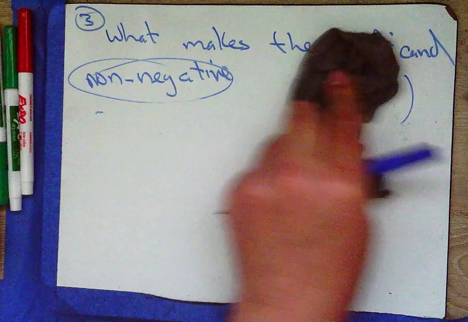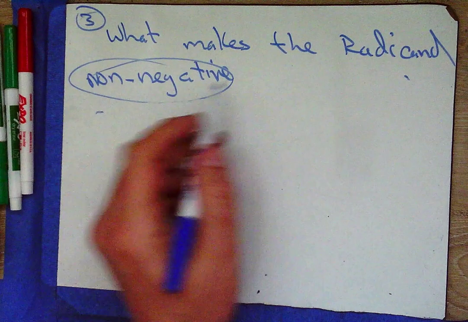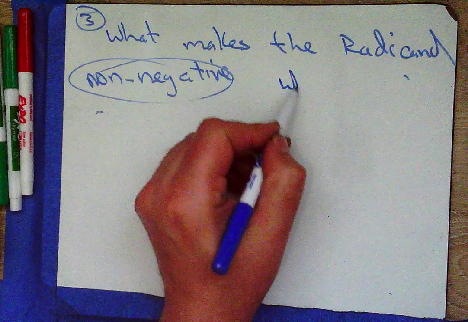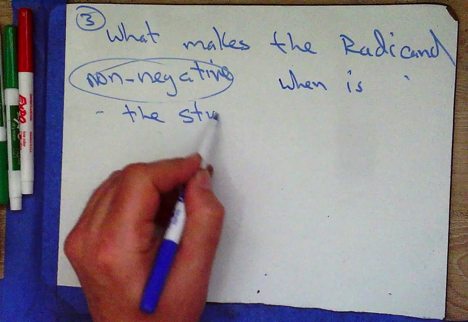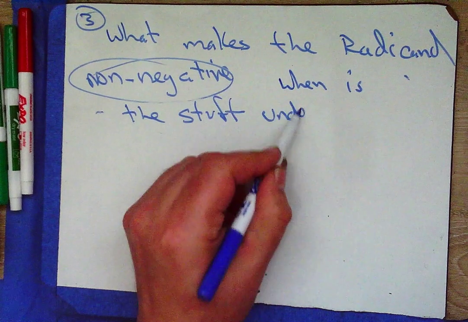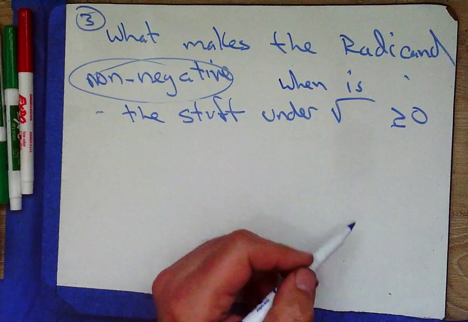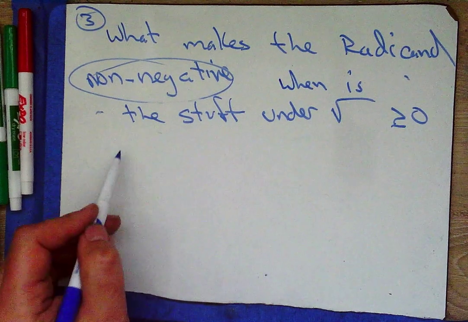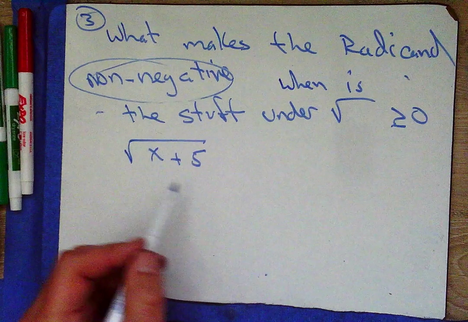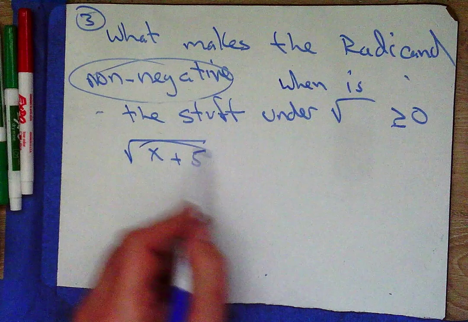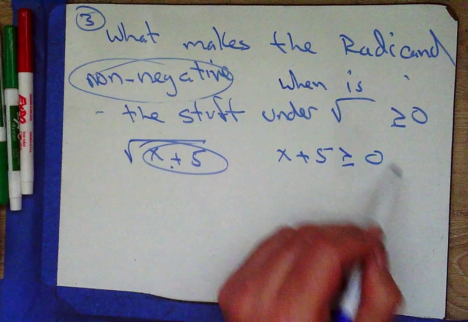When they ask us the question, what makes the radicand non-negative, they're asking, when is the stuff under the radical greater than or equal to 0? So let's do a couple. How about this one? Square root of x plus 5. What makes the radicand non-negative? Well, it's when this stuff is greater than or equal to 0.